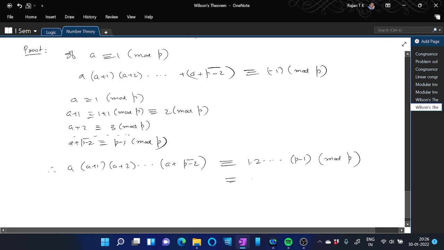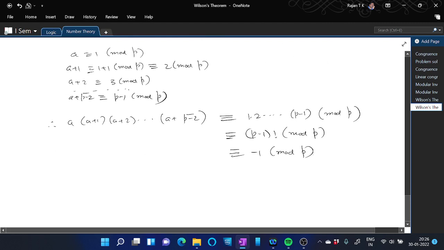That is, p minus 1 factorial is congruent to p minus 1 factorial mod p, but by Wilson's theorem it is congruent to minus 1 mod p. Thus we have the result. If a is any number congruent to 1 mod p, then a into a plus 1 into a plus 2 etc. a plus p minus 2 is congruent to minus 1 mod p.